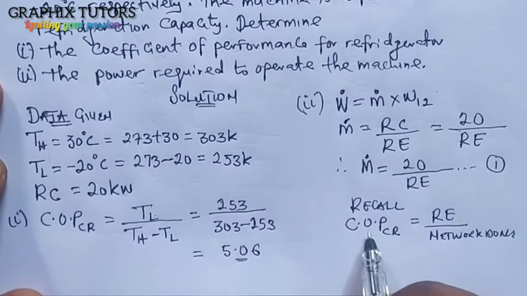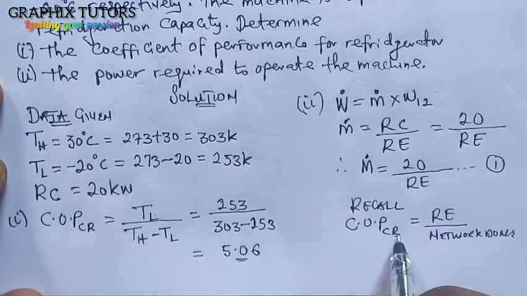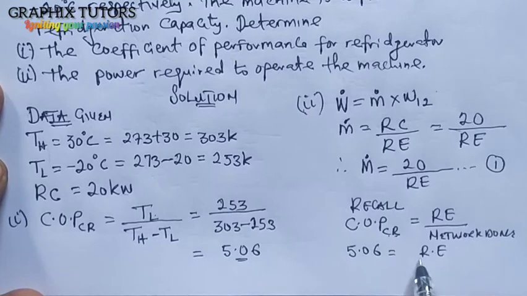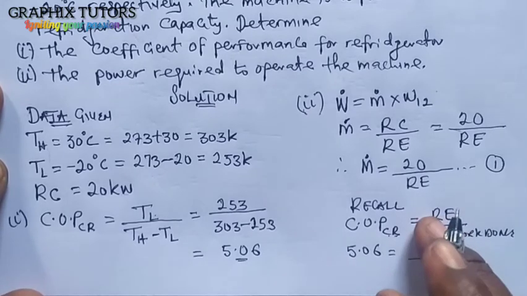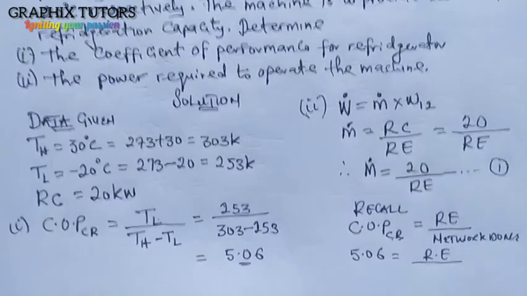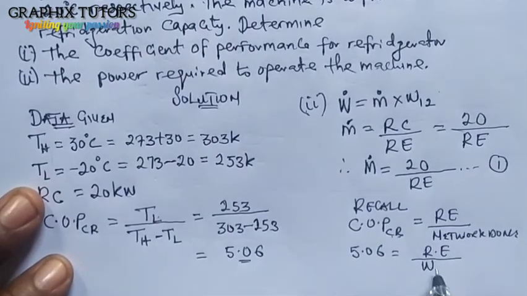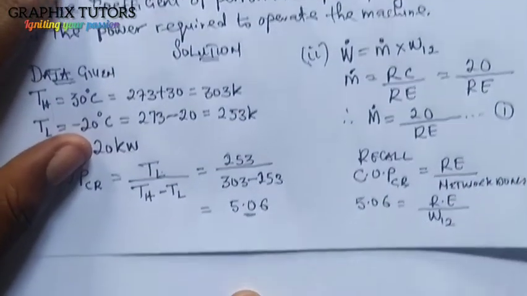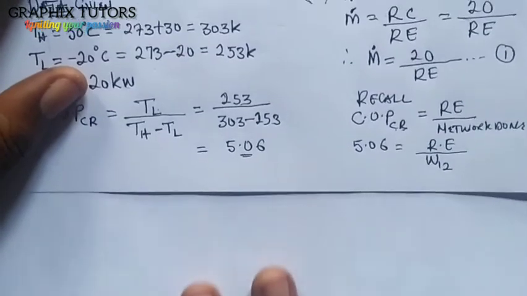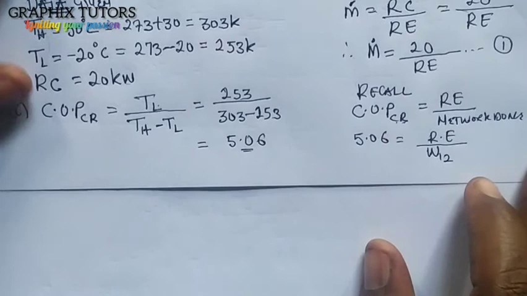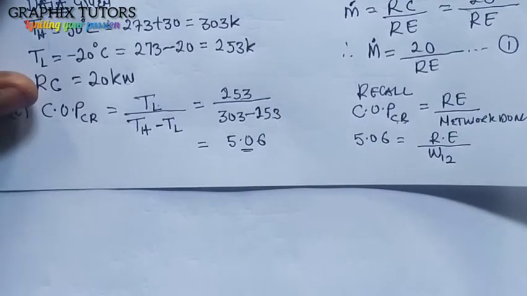Now the COP of the refrigerating cycle is 5.06. The refrigerating effect we don't know, but the net work done here is this W12. So if I make W12 the subject of the formula, I'll be having something like this.